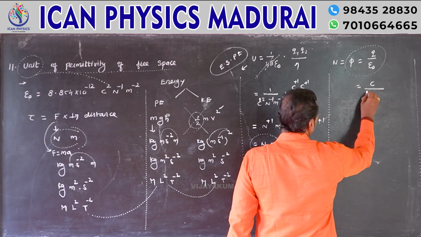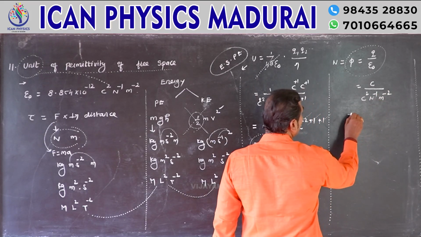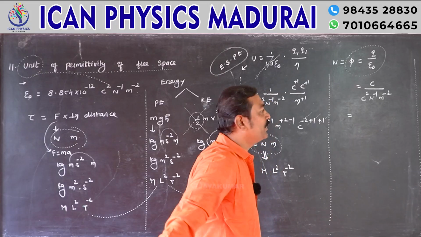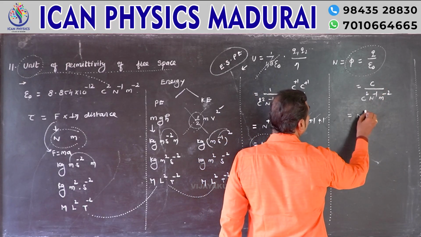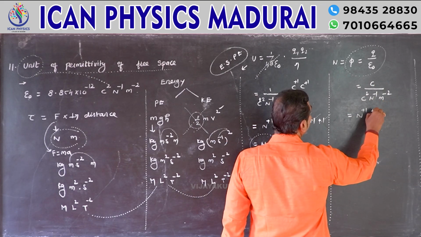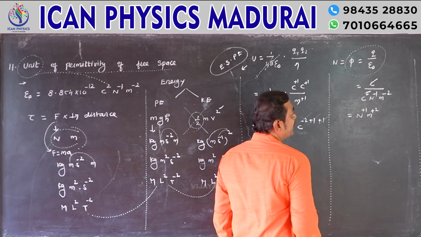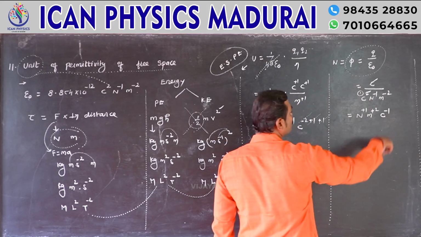Unit of epsilon 0, Coulomb square per Newton per meter square. Now take all the terms to the numerator. Minus 1 goes to the numerator as plus 1. The minus 2 goes to the numerator as plus 2. Coulomb and Coulomb square get cancelled. We have 1. The plus 1 goes to the numerator as minus 1.